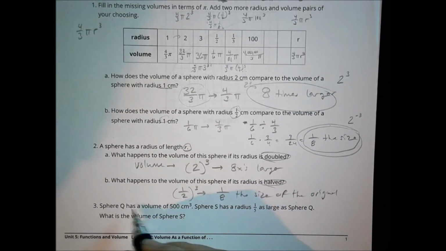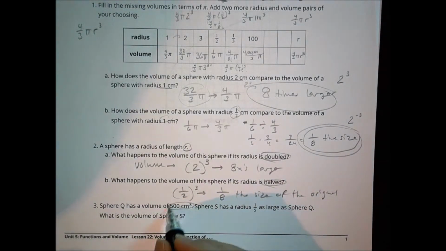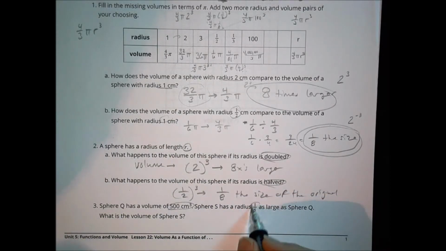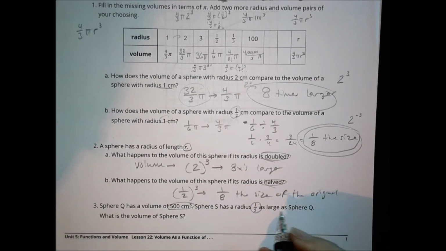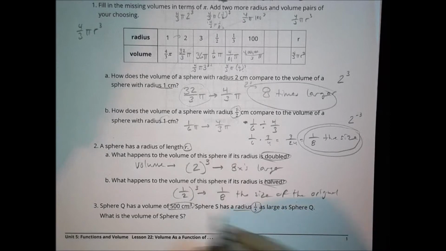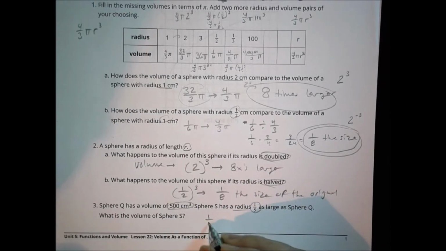Okay. Sphere Q has a volume of 500 centimeters cubed. Sphere S is 1/5 as large. Okay, so the radius is 1/5 as large as that one. So what's the volume? We're going to take the 1/5 and cube that. When we cube that, that comes out to 1 over 125.